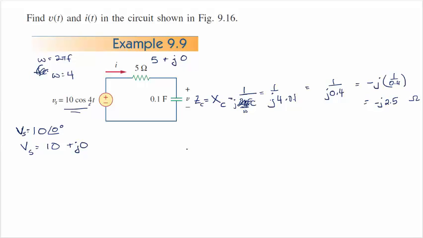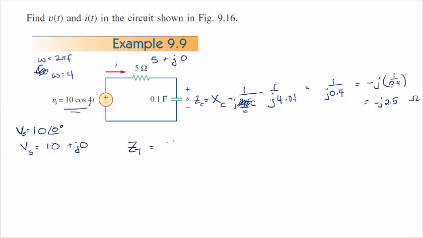So now it's really a matter of almost just finding, if these were both resistors, we would have found R total. But now we're going to find Z total, which is going to be Z1 plus Z2.